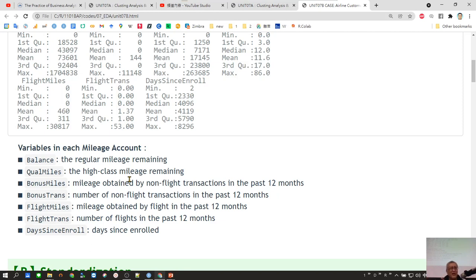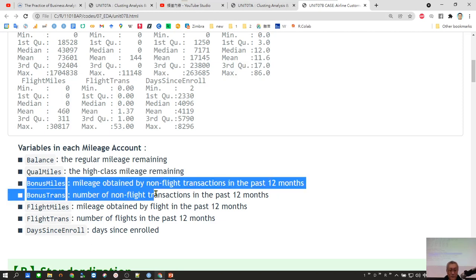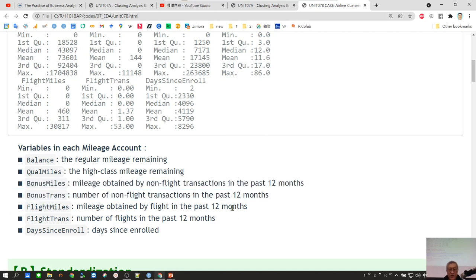Supposedly the high class mileage is superior to the regular. And now these are the two fields, called bonus mile and bonus transaction. It means that in the past 12 months, the number of non-flight transactions.